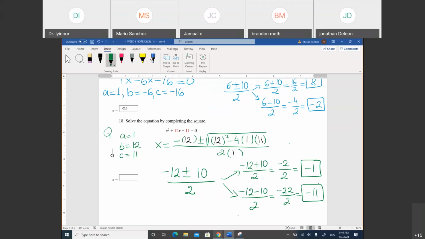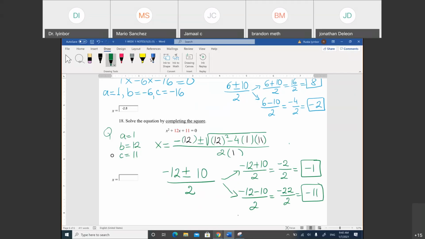So one more time, if you have a quadratic equation, if you have A, B, and C, all the numbers in front of x squared, in front of x, and the number by itself, you can use the formula. If you have B equals 0, which means there's no x, only x squared and a number, you can take the square root of both sides. That's the square root property, the square root method.